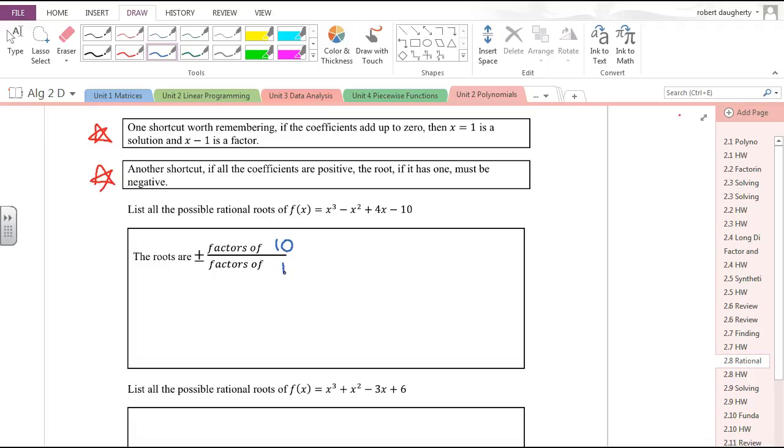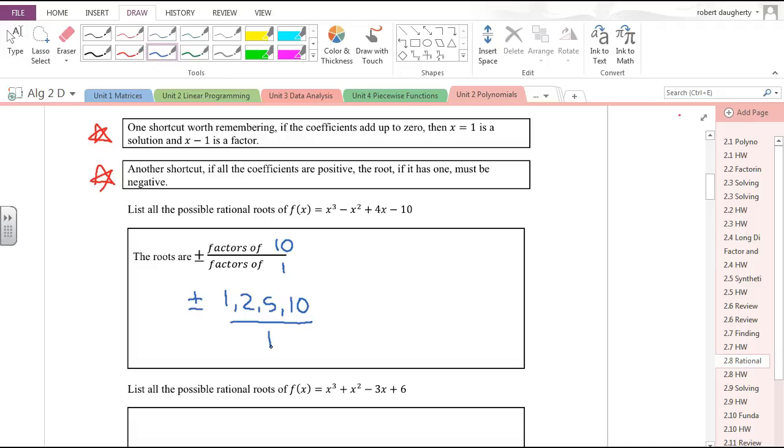So now, what are the factors of 10? It's 1 times 10, 2 times 5, and that's it. Those are all the factors of 10. What are the factors of 1? 1. Okay? So if there are rational roots to this, it's going to be plus or minus the factors of 10 divided by the factors of 1.